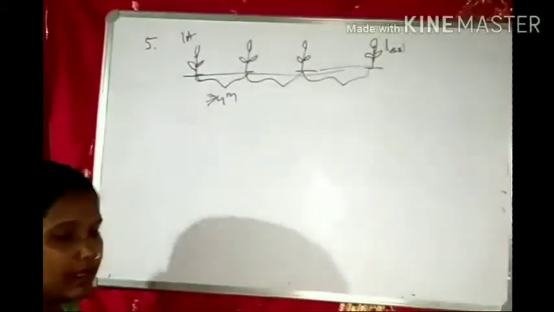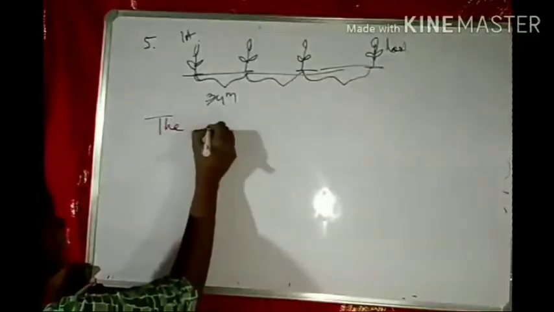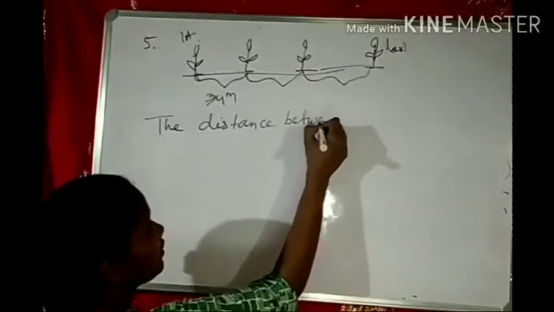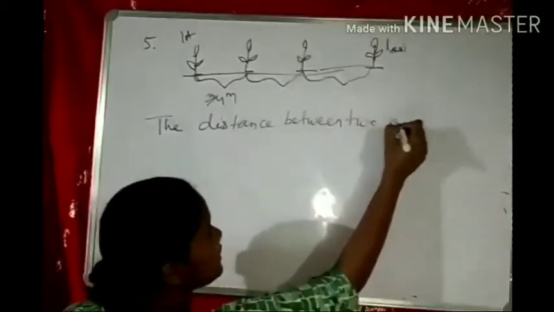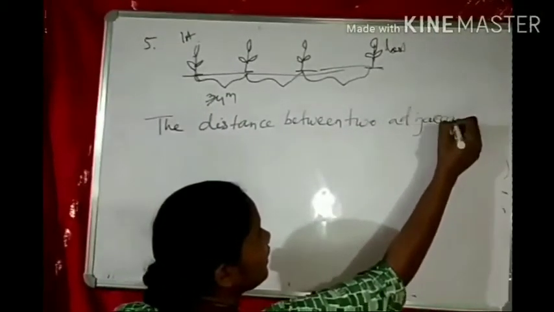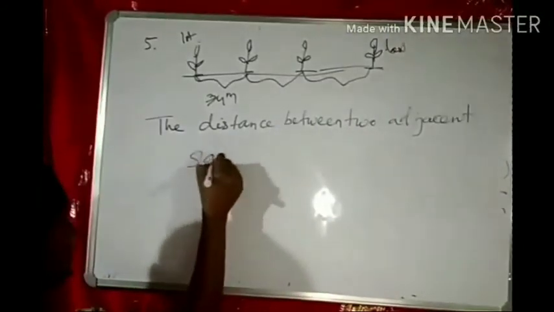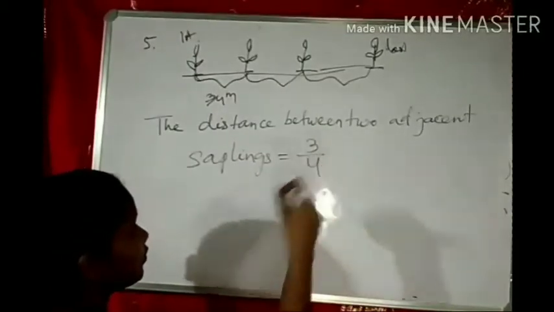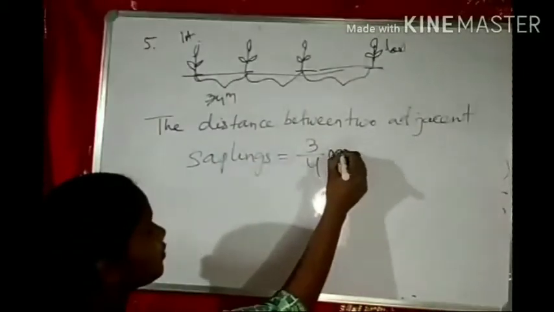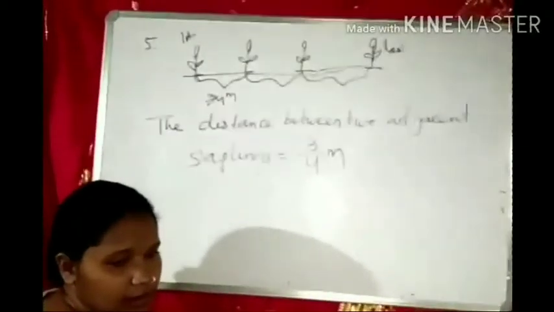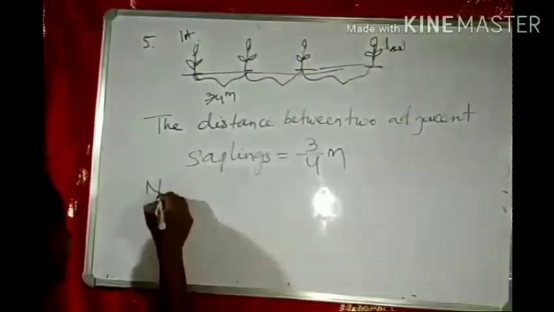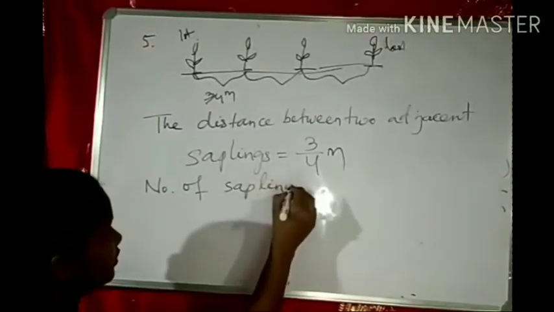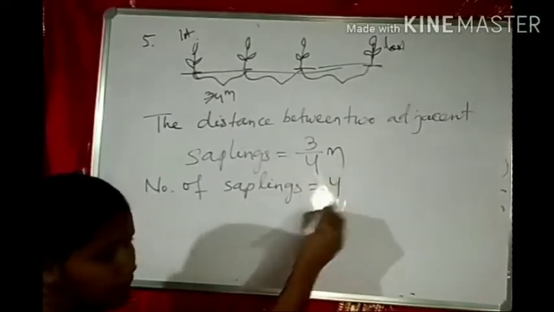So first you will write the distance between two adjacent, which means nearby, adjacent saplings equal to how much? 3 by 4 meter. Next, number of saplings how much? 4.